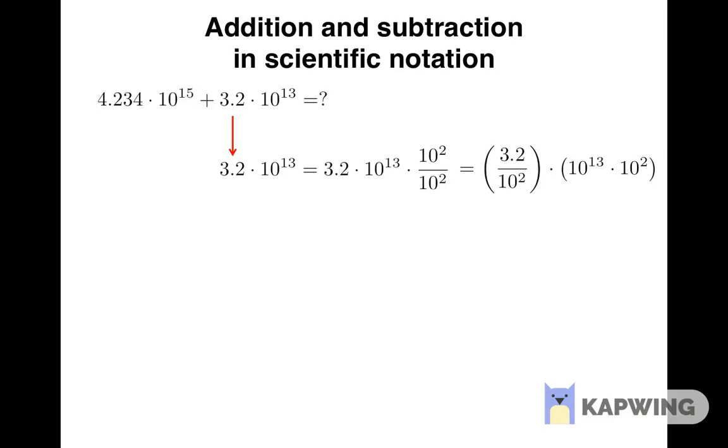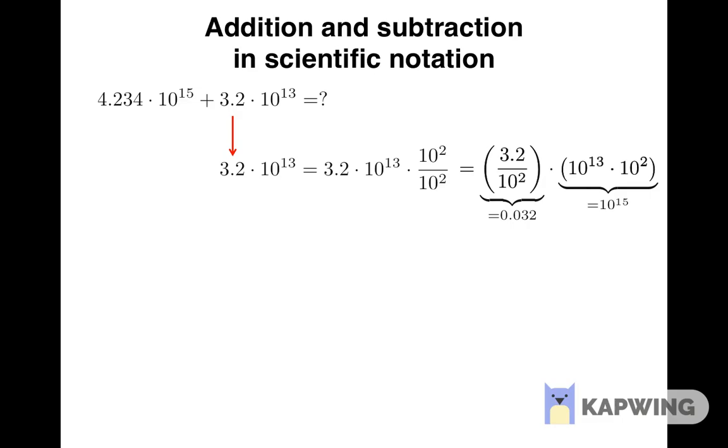Let's first look at the first parentheses. If we divide 3.2 by 100, we will get 0.032. In the second parentheses, we are multiplying 10 to the 13th power, a product of 13 tens, by 10 to the 2nd power, a product of 2 tens. Therefore, altogether, we have a product of 15 tens, or 10 to the 15th power.